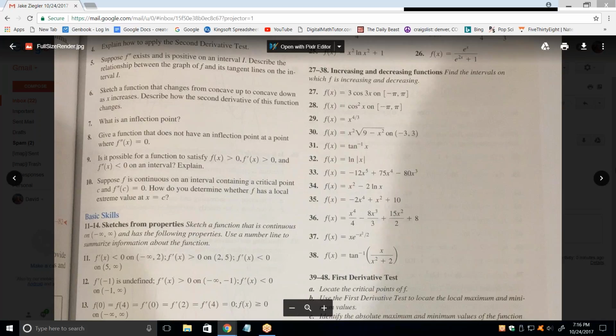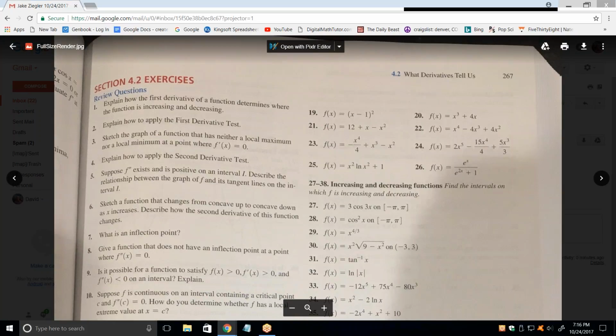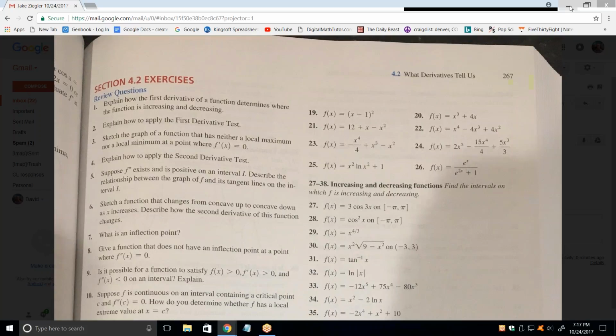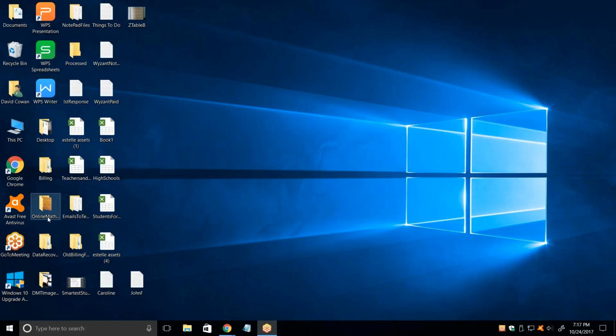And an inflection point is when the slope changes from positive to negative, right? Or not the slope. No, it's not true. In other words, if I have a first derivative, I'm going to pull up something here that I pulled up before.